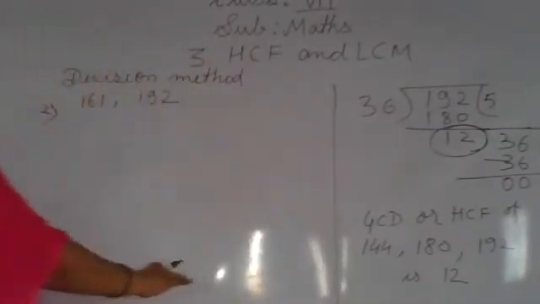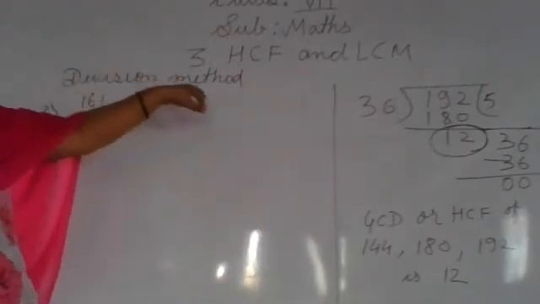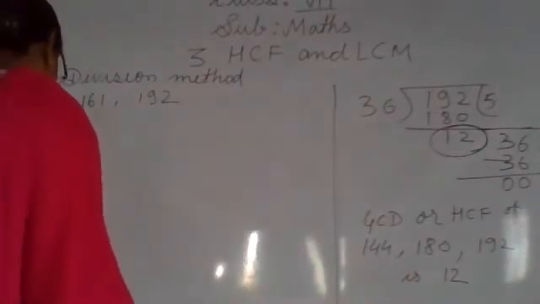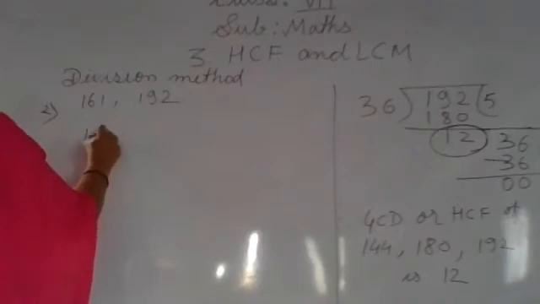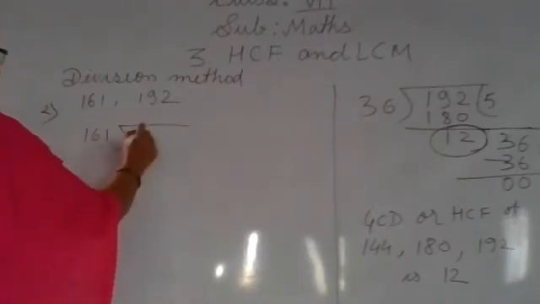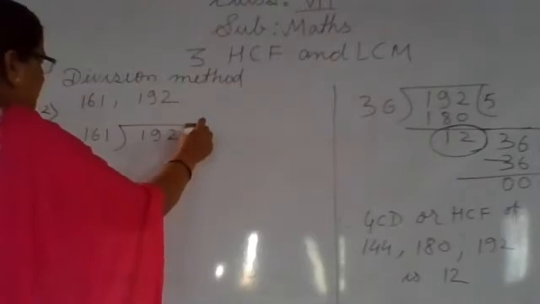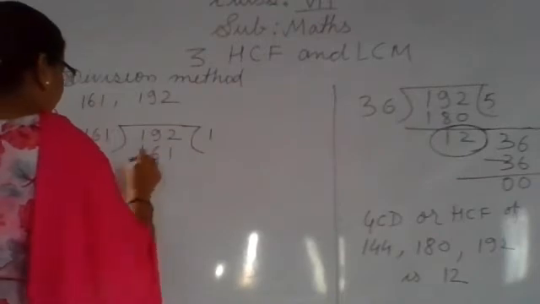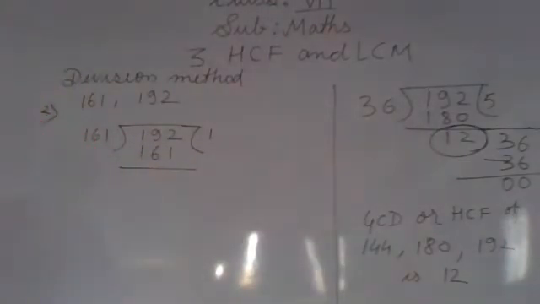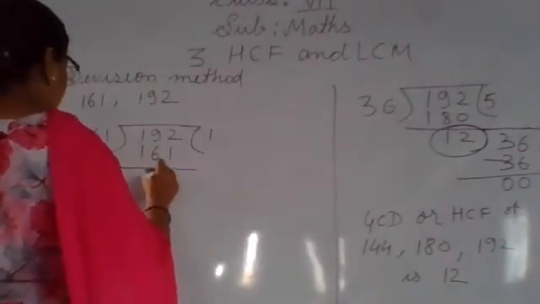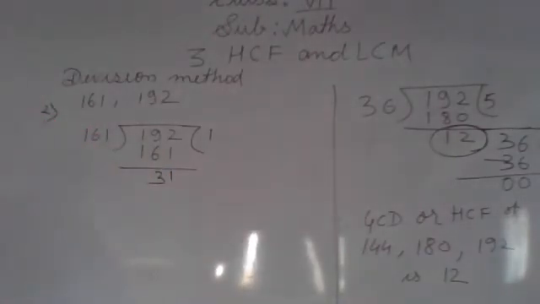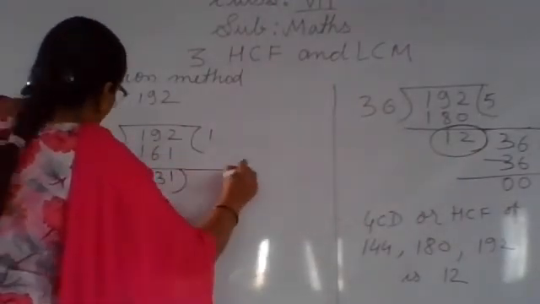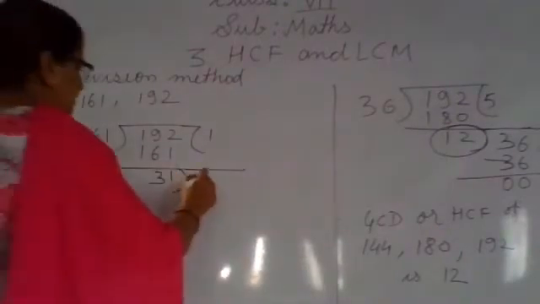Okay, so let's proceed. Again, we will apply the division method and do like this. So 161 is the divisor and 192 is the dividend. So 161 ones are 161. What is left now? 2 minus 1, 1, 31. Now this remainder becomes divisor and the first divisor becomes dividend.